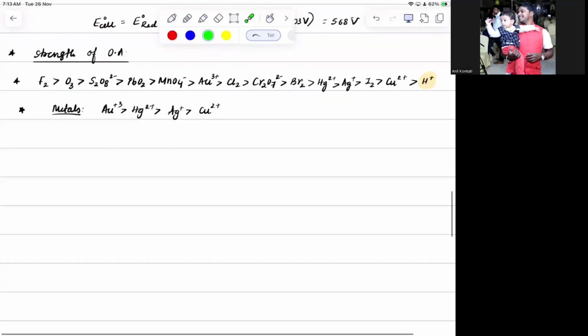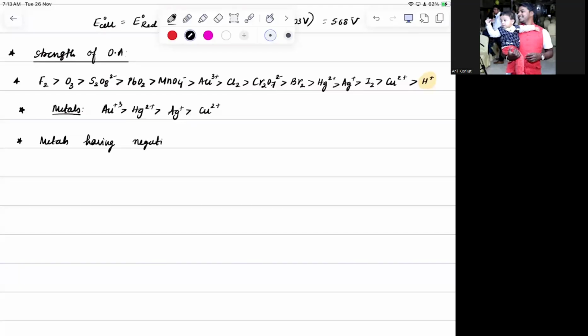Now, anything which is below hydrogen, that means metals having negative reduction potential, includes iron, Fe3 plus to Fe2 plus and Fe3 plus to Fe.